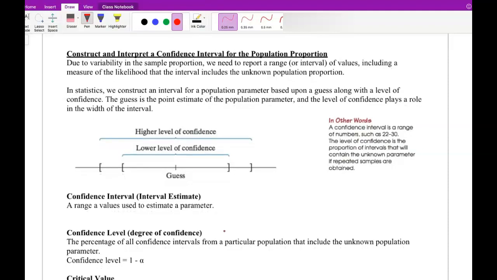Then on this one we need to construct and interpret a confidence interval for the population proportion. So the population proportion was this one. Okay, let me write it down here. So this is the population proportion, or p hat.